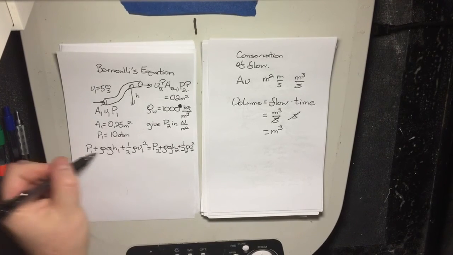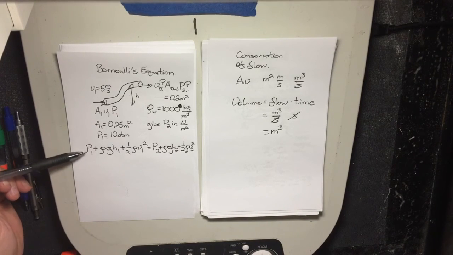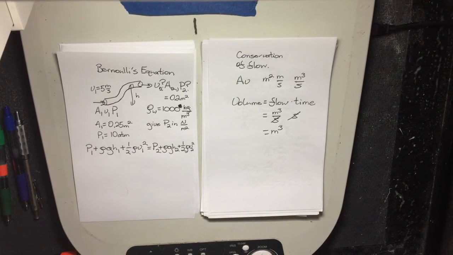I know it's long. So really it's the same thing on both sides, but all the subscripts are changed. What this is talking about is pressure and the contributions to pressure by height or depth, and also by the velocity of the fluid itself.